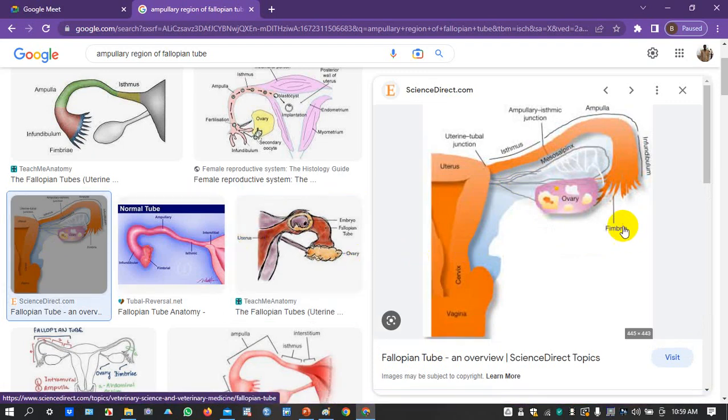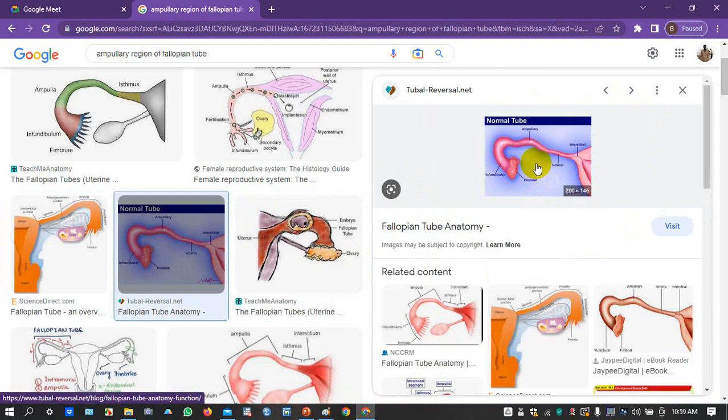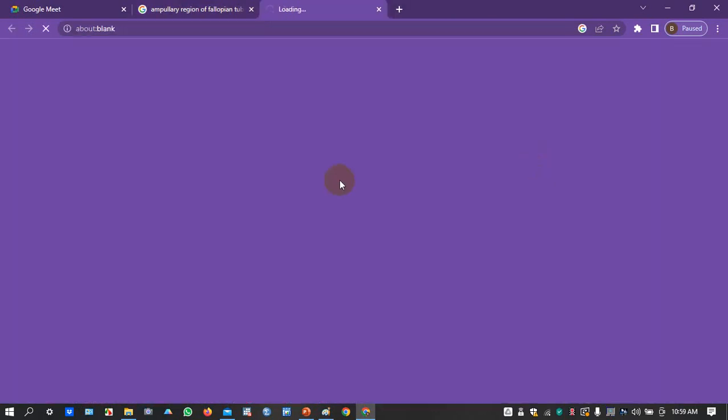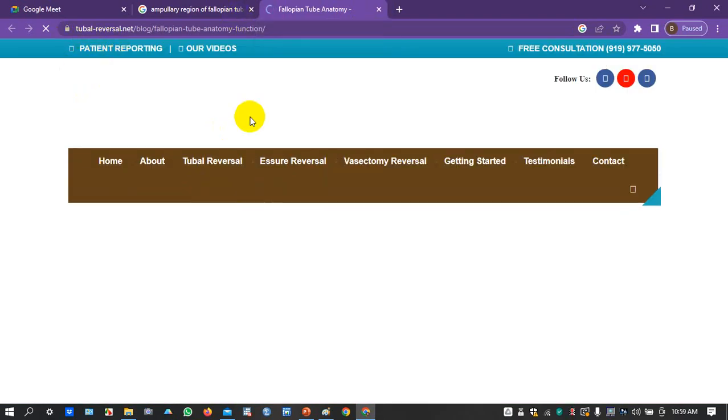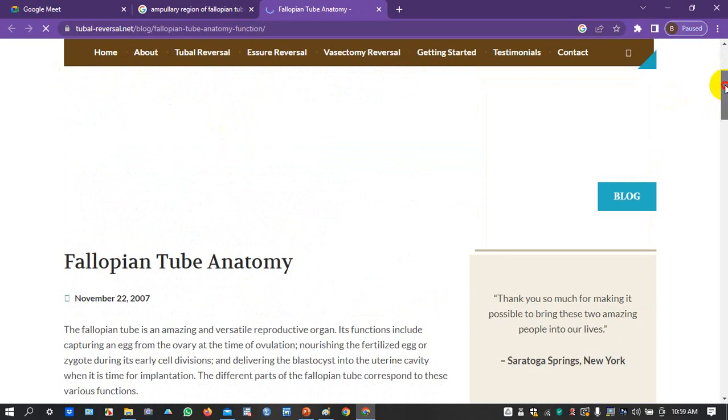This is the fimbriae, the ovary, the fimbriae, infundibulum. This section from here to here is the ampullary region. Another one is here. So that's the ampullary region. This is the main image.